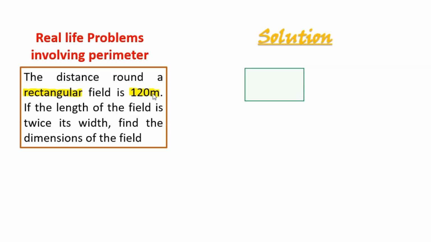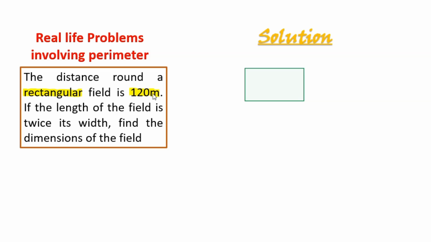Now, let's take the next part of the question and see. It says if the length of the field is twice its width, find the dimensions of the field. So when it comes to algebraic thinking, one thing we have to consider is they have given us unknown dimensions of this rectangular field, yet we have been given the perimeter of the field.